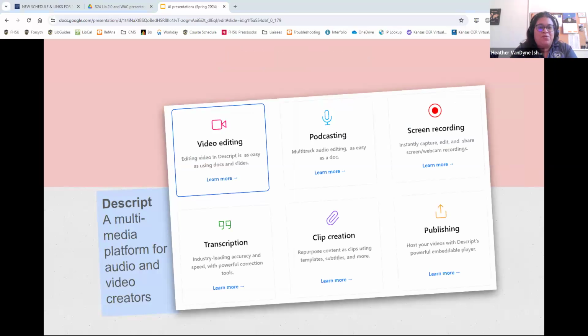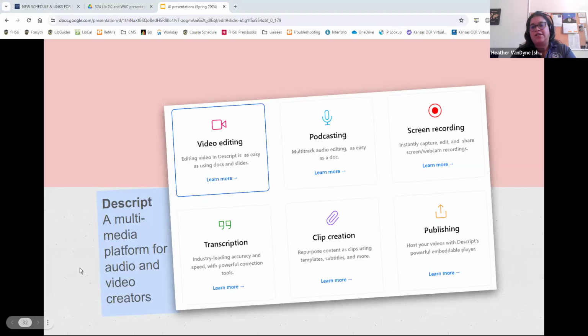Yes, I wanted to end this by talking about another usage tool that's not necessarily just focused on writing. So Descript is a multimedia AI platform. It is good for people that are doing presentations that are using audio or video.